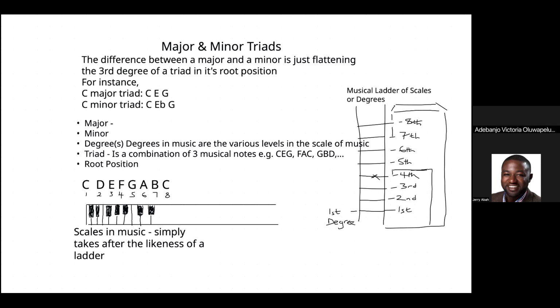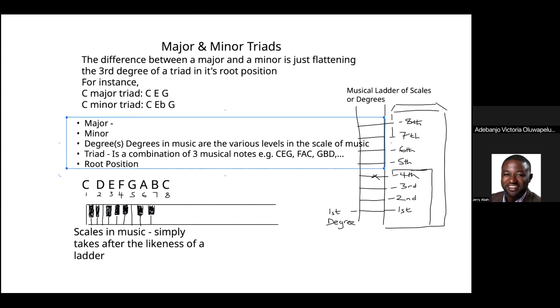And we already said a triad is a combination of three musical notes, for example, C, E, G. Now, what combination of three musical notes will give us a major triad? Now we need to differentiate between major and minor.